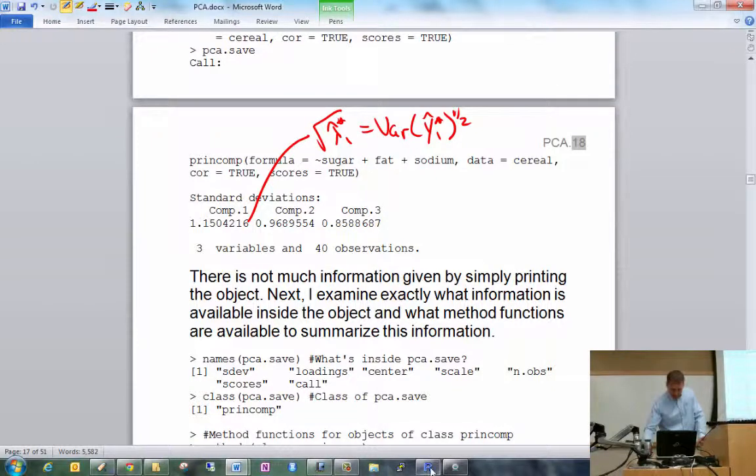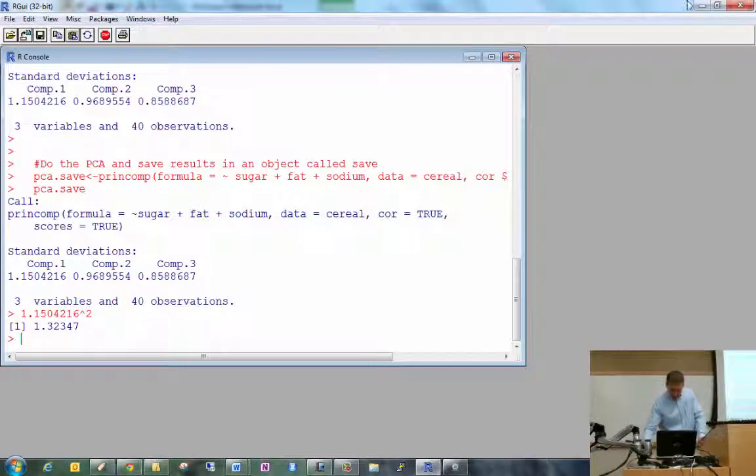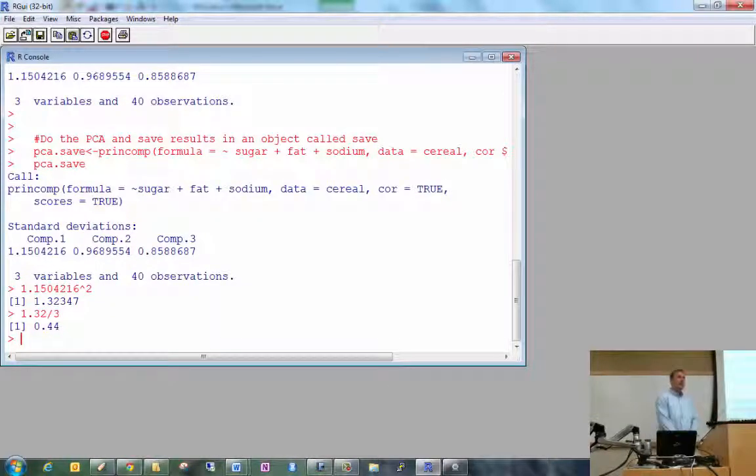Is that right? So if I take 1.32 divided by 3, we can see that the first principal component accounts for 44% of the total variation in the standardized data.